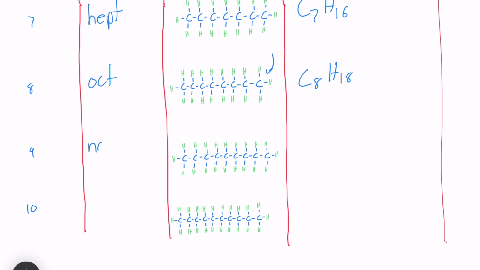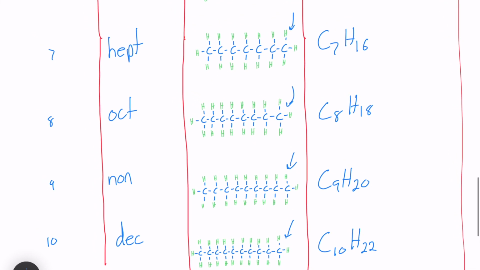The prefix for 9 is non, N-O-N. Lewis drawing is made for us there, and we have C9H20. And the last one, we have the prefix of dec, D-E-C, and the Lewis structure is created for us there. We have C10H22.